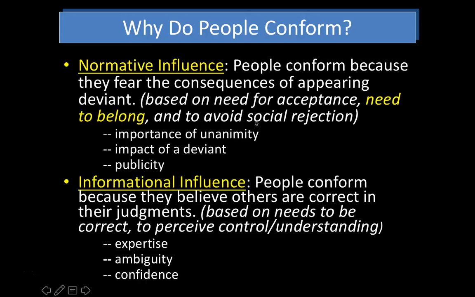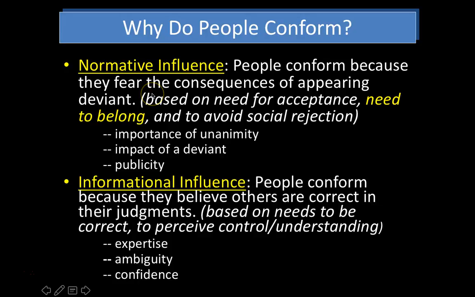So we can understand this kind of conformity, based on Asch's subsequent studies, in terms of the two terms I mentioned previously, normative influence and informational influence. Normative influence is the process by which people conform because they fear the consequences of appearing deviant.